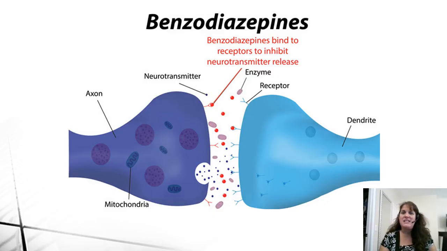This allows for the binding of more GABA and the influx of more chloride ions into the postsynaptic cleft. And with all these receptors occupied, it means that no further excitatory impulse can bind, so it's going to decrease that excitability as impulses move across that membrane.